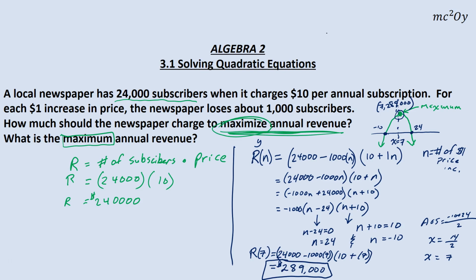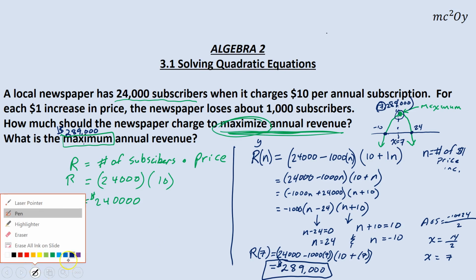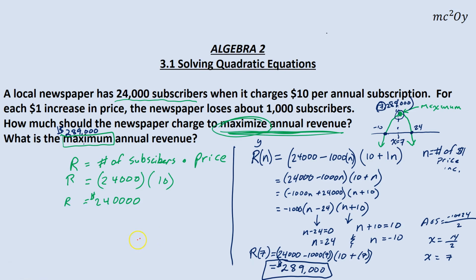It says, how much should the newspaper charge to maximize the revenues? Well, that was after 7 price increases. So we've got the maximum revenue. Let's write that out. $289,000. How much should it charge? Well, you started at $10. You did 7 price increases. So let's write that over here, switching up the color. We'll go $10 plus N, and so 10 plus 7.